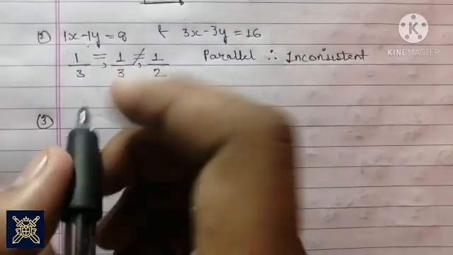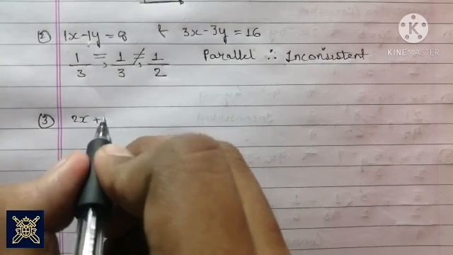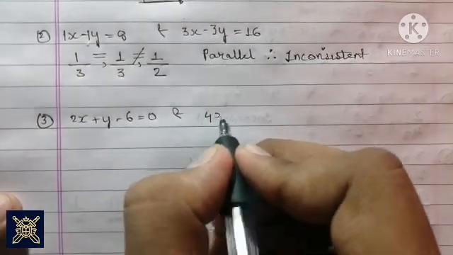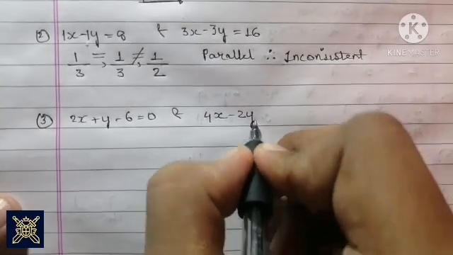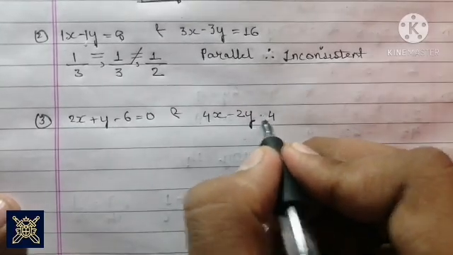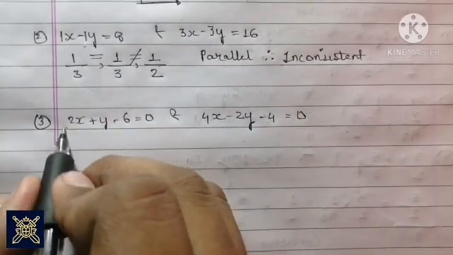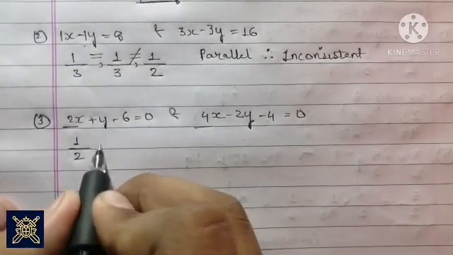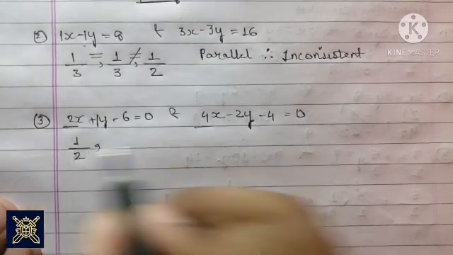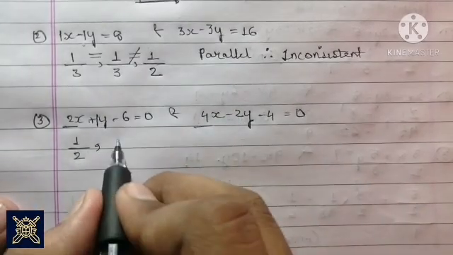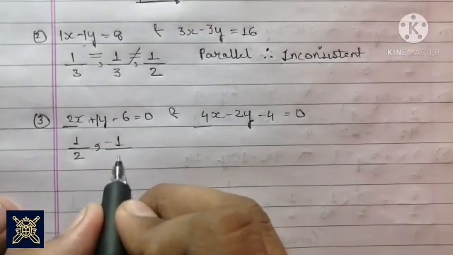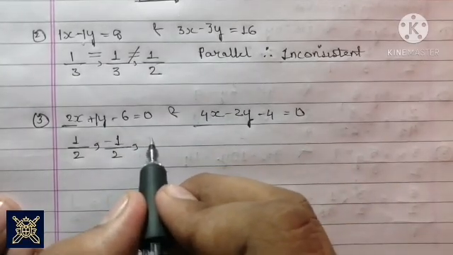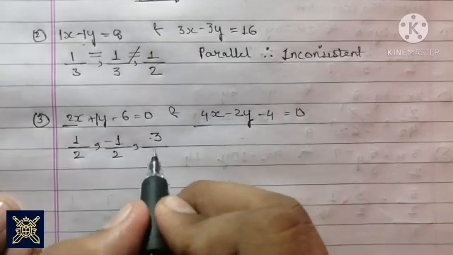For the third part, the data is 2x plus y minus 6 is equal to 0 and 4x minus 2y minus 4 is equal to 0. Again you see the ratios, 2 by 4 is 1 by 2. Here you have plus 1 and here you have minus 2, so minus 1 by 2, and at last minus 6 by minus 4, that is 3 by 2.